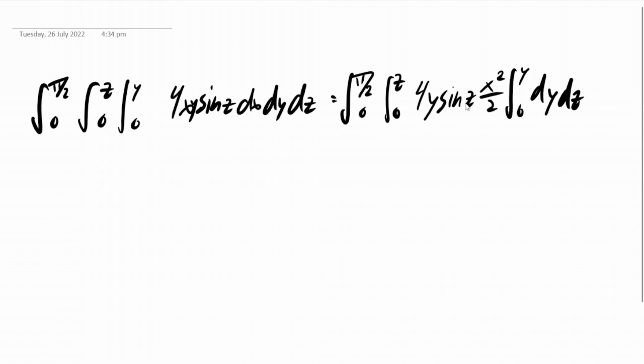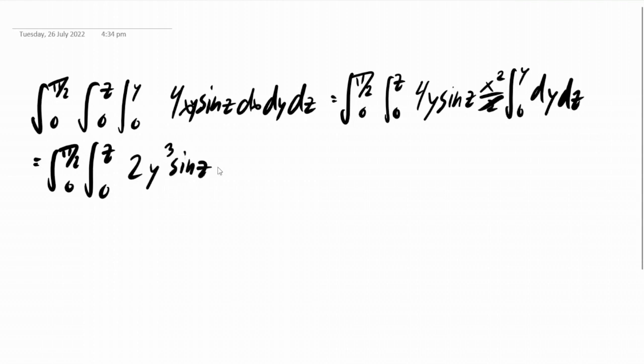Next we substitute y to x, that is equals to the integral from 0 to pi over 2, 0 to z, of y squared over 2 times 4y sine z. Let's cancel out 2 and 4, that is 2y cubed sine z dy dz.